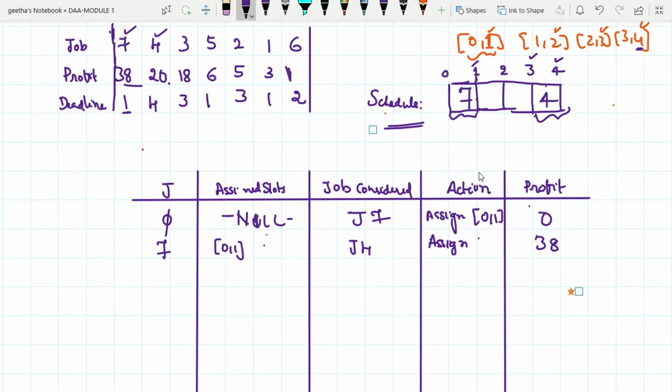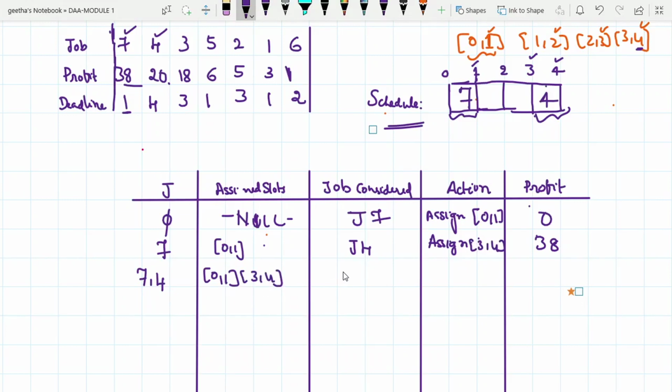Remember, always, if this portion is not vacant, then you may have to assign the vacant previous portions. So after 7 you have assigned one more job, that is 4. The assigned slots are 0 comma 1 and 3 comma 4.